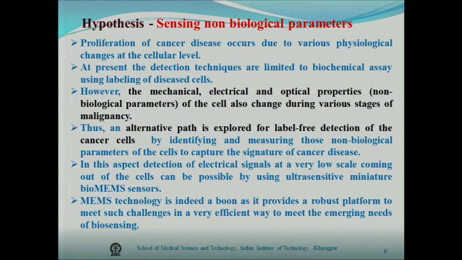However, the mechanical, electrical and optical properties, which we consider as non-biological parameters of the cell, also change during the various stages of malignancy. Please consider this point. We have only considered the biochemical assay.